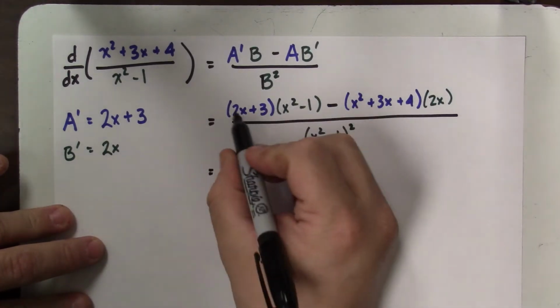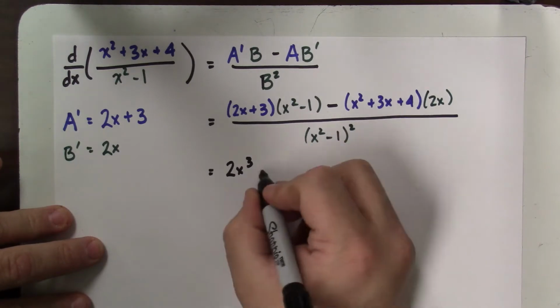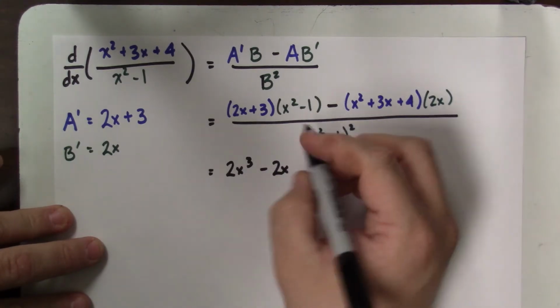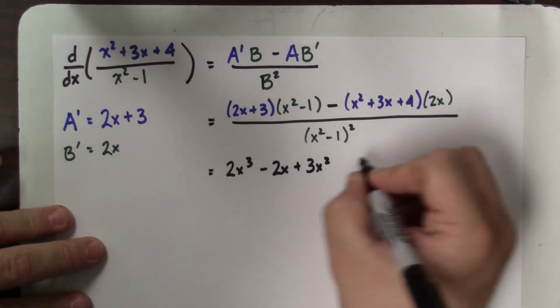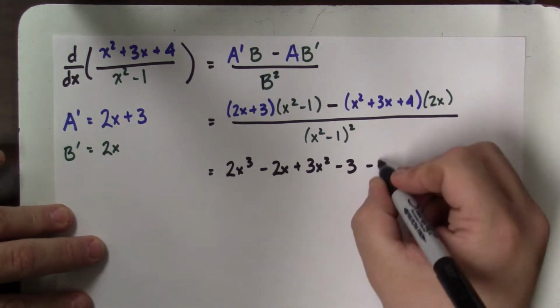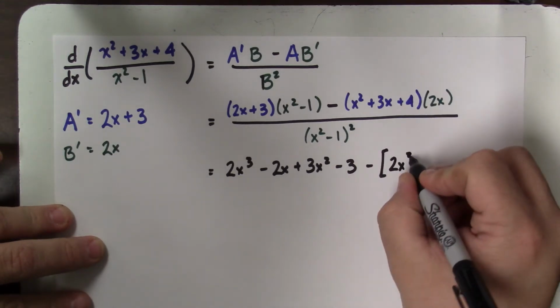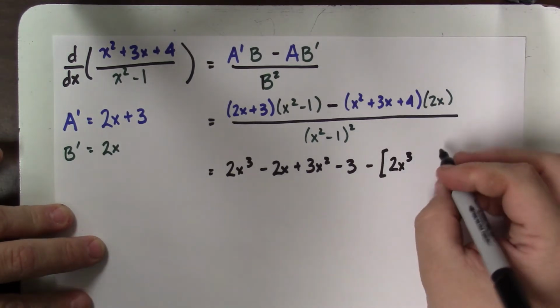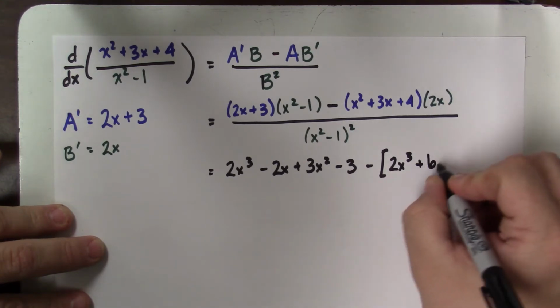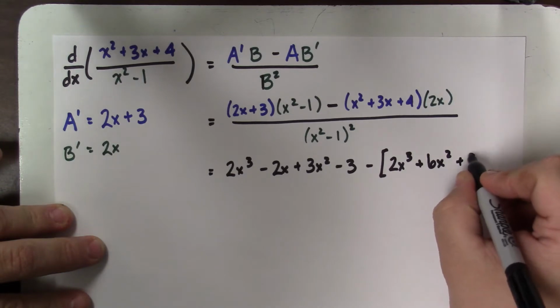I'm going to have to FOIL this. So I've got 2x times x squared, that's 2x cubed, minus 2x plus 3x squared minus 3, minus 2x cubed plus 6x squared plus 8x.